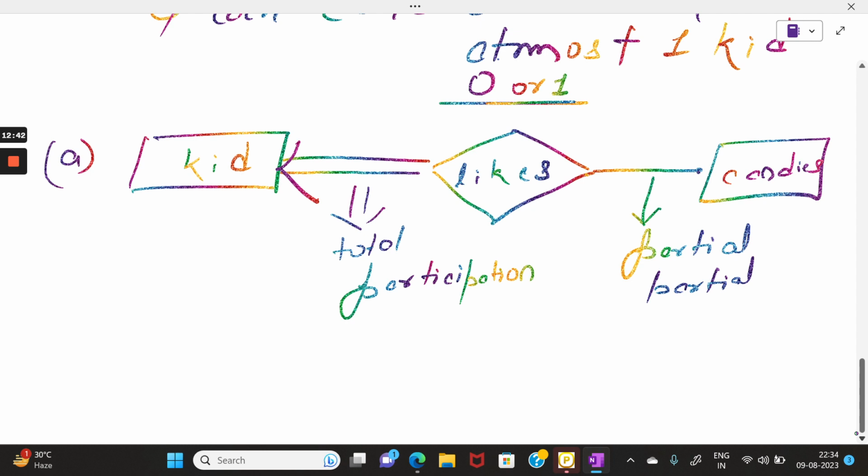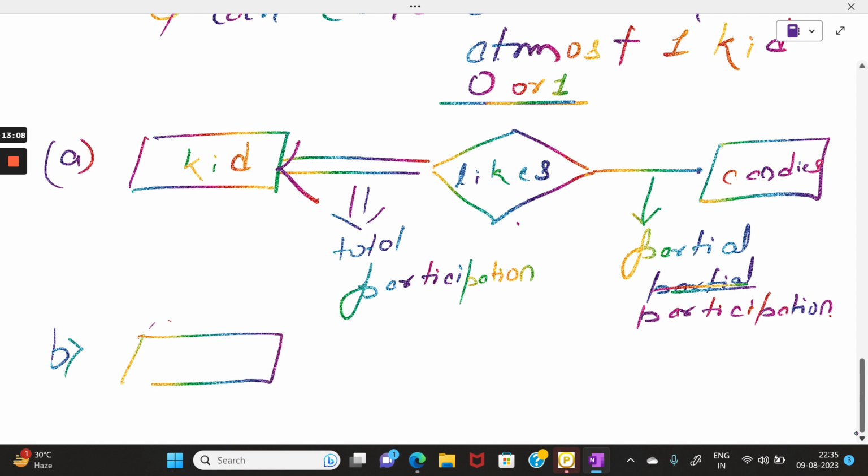What is total participation and what is partial participation? Total participation means every entity of the kid set will come into this likes. All the kids will come. This means that every kid has to like one candy, right? But not all candies are liked by every kid. Let's see the second one.